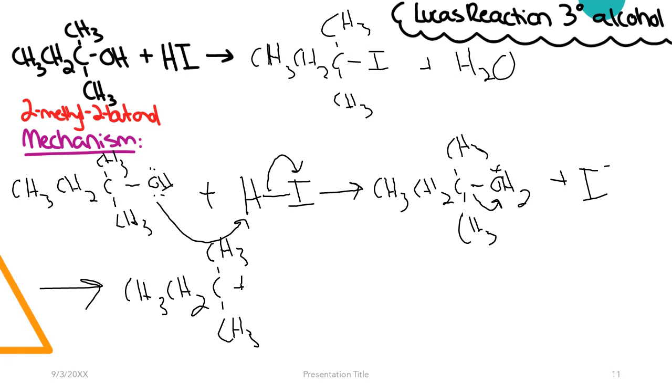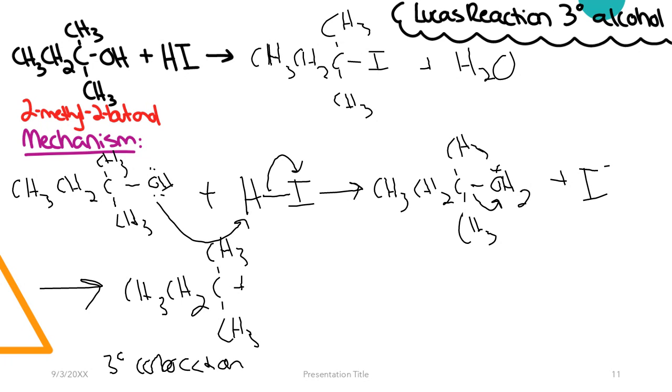Okay, so now I form my carbocation, and this would be tertiary, which means that this would react faster than the last reaction we did, because this has a tertiary carbocation when the one before only had secondary.